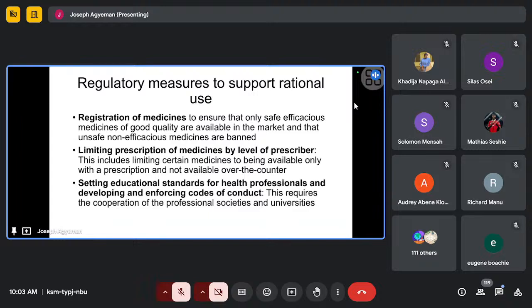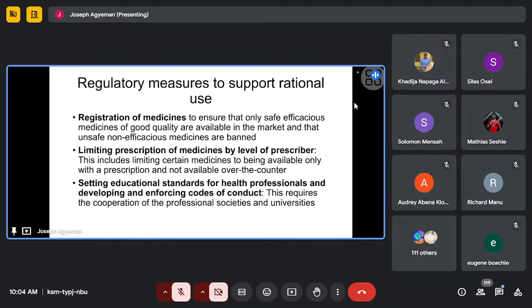And therefore, limiting prescription of medicines according to level of care is also very, very important. You only allow those who have the expertise to handle certain types of medicines to do so. Those who don't have, you just give them what they can handle. And this can help improve or support rational medicines use.